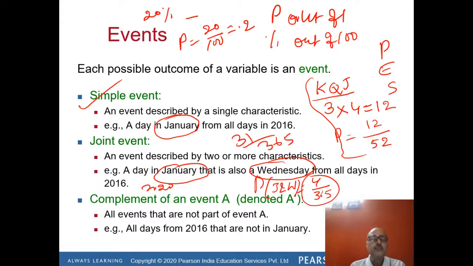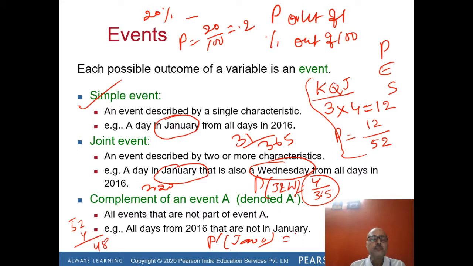Similarly, what is the probability of not getting January and Wednesday from the whole 2020? That probability is P complement of January and Wednesday. Out of all the Wednesdays, in January you have only 4 Wednesdays. So out of 52 weeks, you subtract 4 Wednesdays, and you get 48.